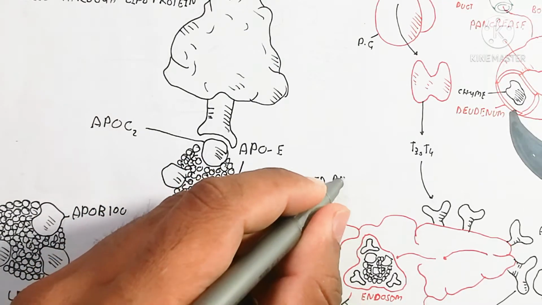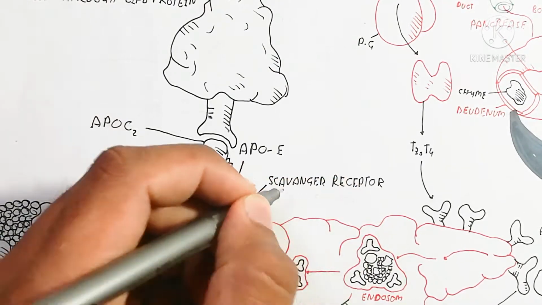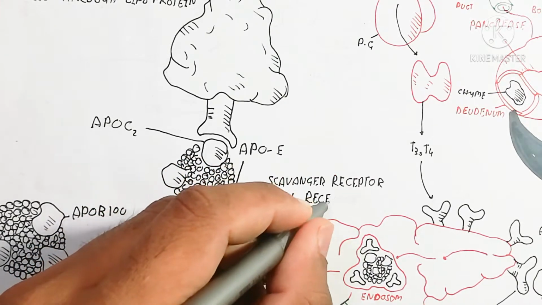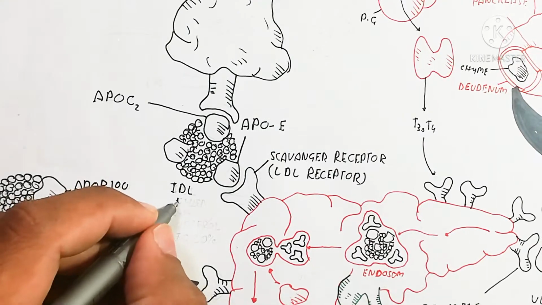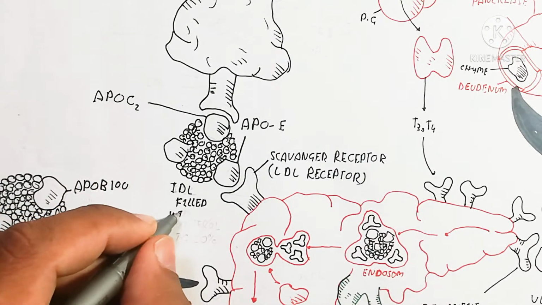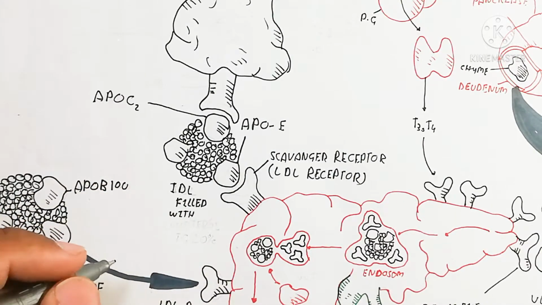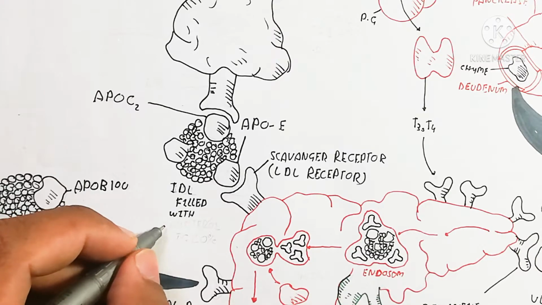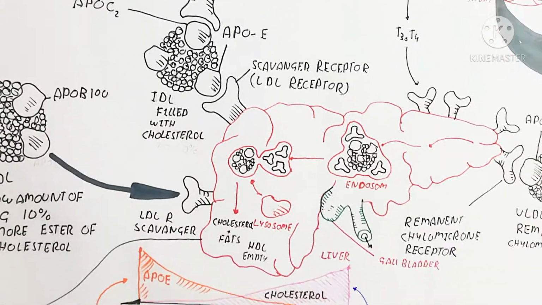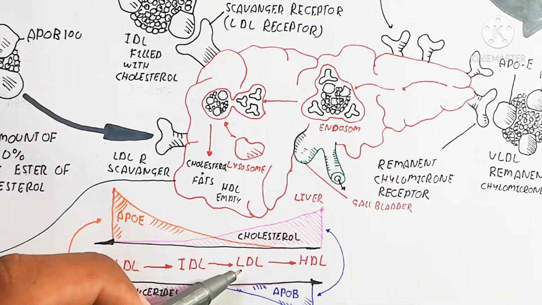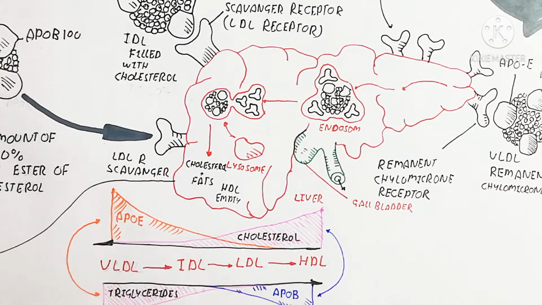Because VLDL converts into IDL. VLDL contains a high number of triglycerides, but IDL contains a lesser number of triglycerides. So here is the IDL filled with the cholesterol, but triglyceride is not maximum, it is 20%. You can say that.